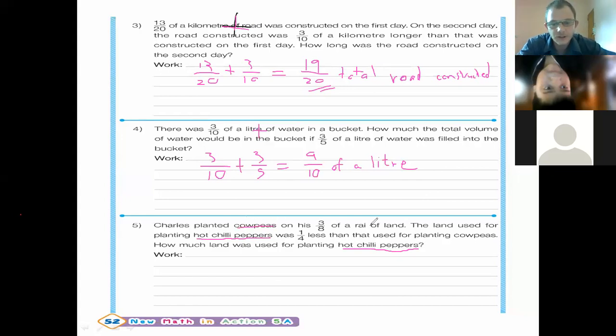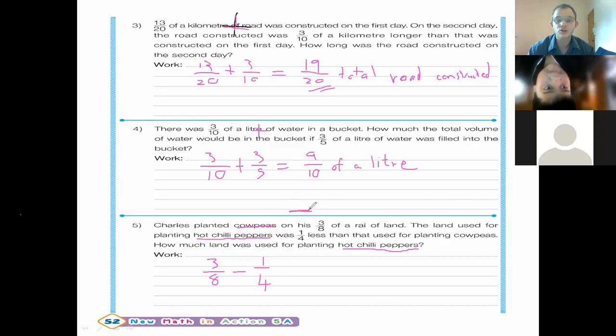We have the cowpeas and we have the hot chili peppers. So we have 3/8 planted cowpeas, 3/8 of a rai of land. The land used for planting his hot chili peppers was less than that used for cowpeas. So 1/4, this is subtraction. 3/8 minus 1/4.